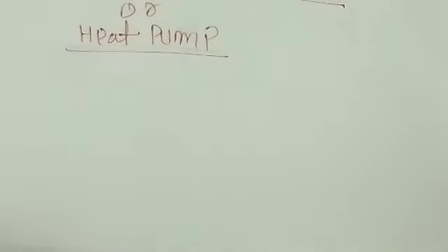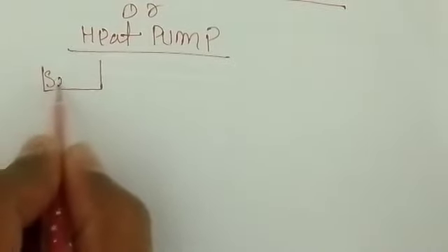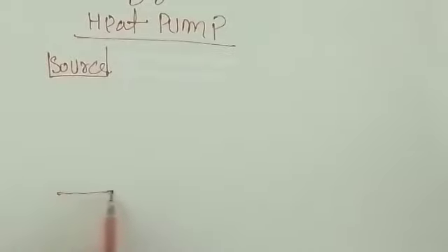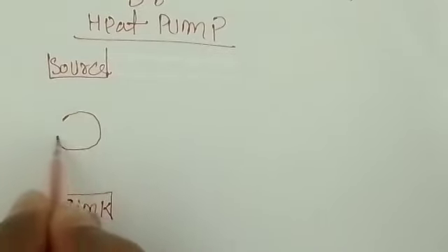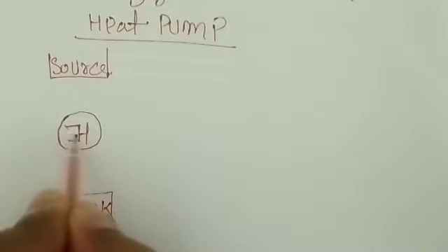Here also you have two temperatures: this is the source, and here we have a sink. In between these we use a reversible heat engine, that is, the heat pump, right?